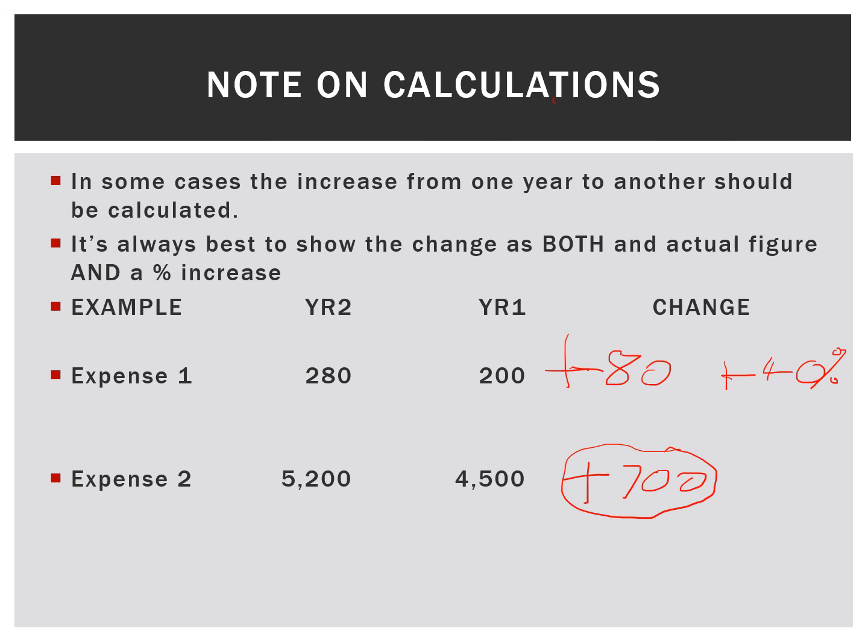If we look at the second increase, from 4,500 to 5,200, that's going to be an increase of a smaller amount. I'll just have to work out what that is.